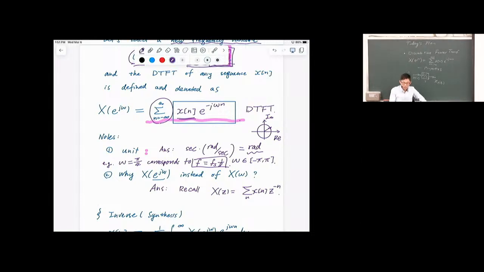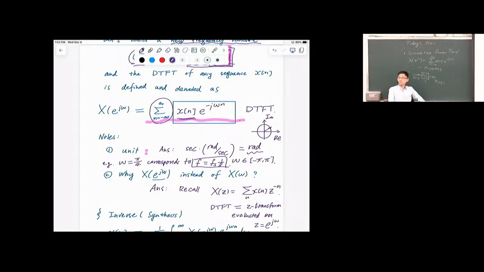But the reason why we have this notation is that DTFT equals the Z transform evaluated on the unit circle, on z equals e to the j omega.